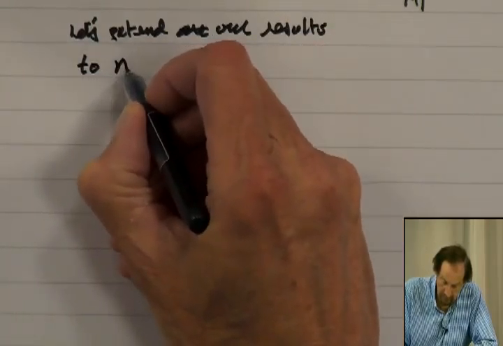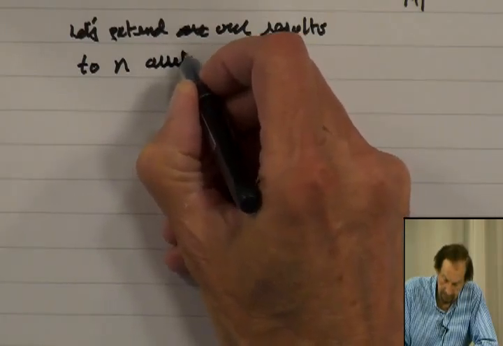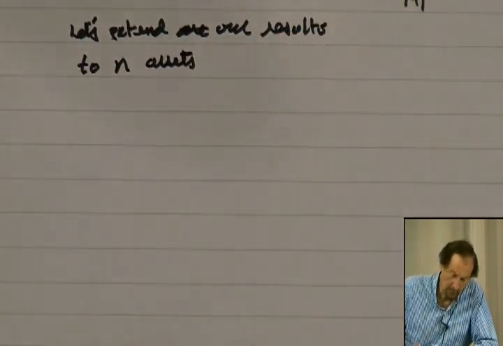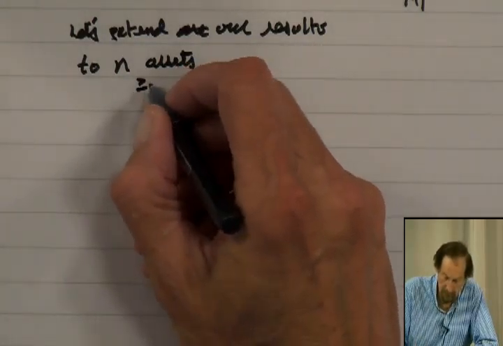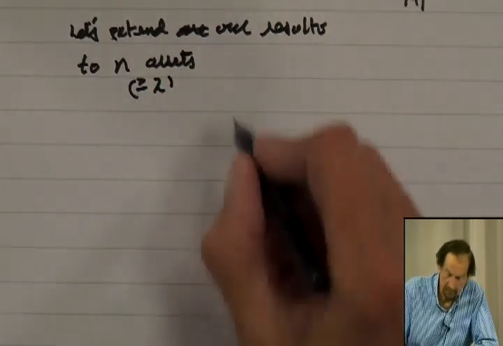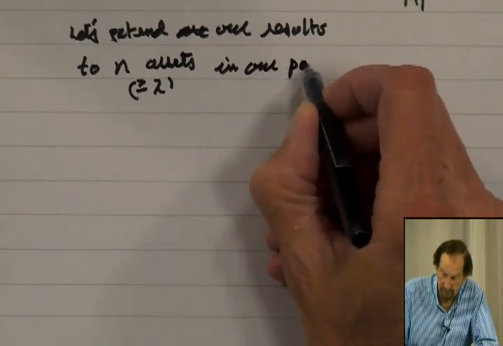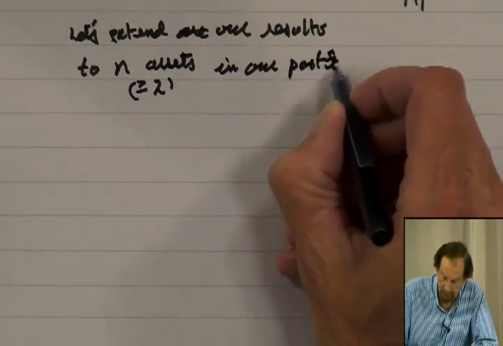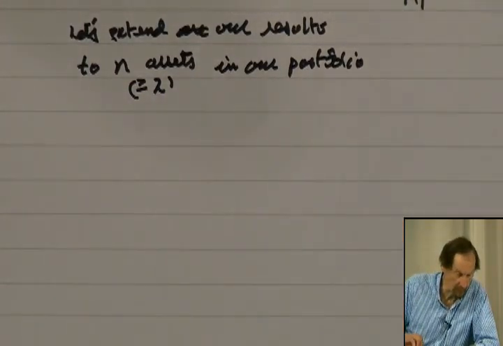We could have said greater than or equal to 2 assets in our portfolio. Okay, so it's a straightforward extension here.